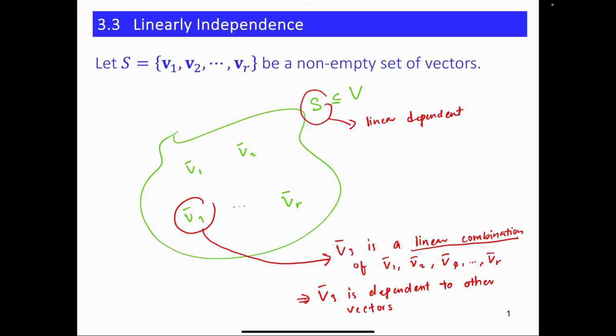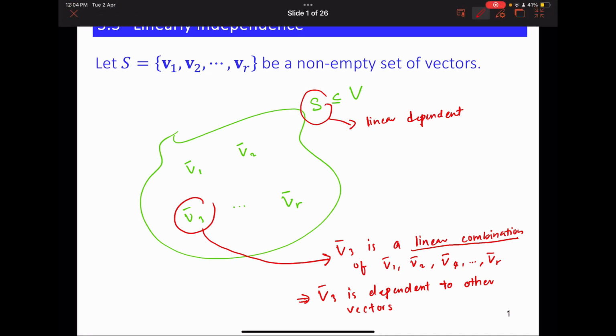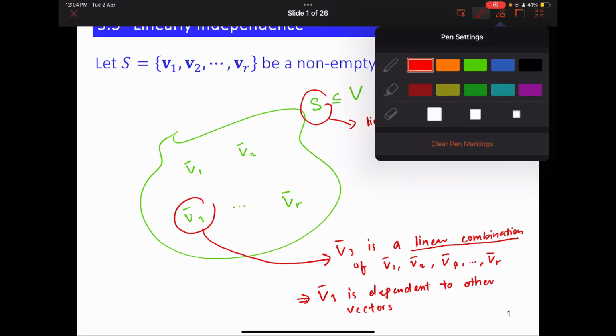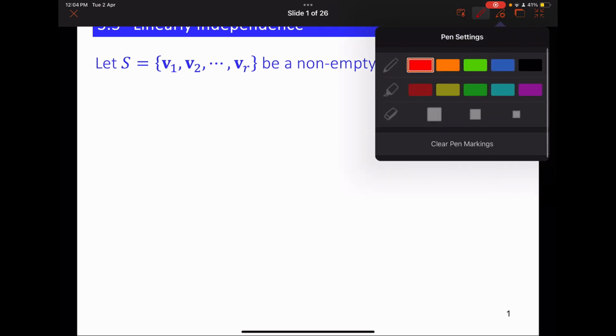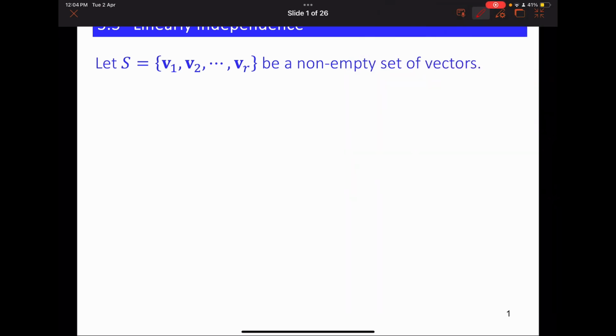The opposite of linear dependence is linear independence. Referring to the set S again, S is said to be linearly independent when we cannot find any vector that can be expressed as a linear combination of the other vectors.